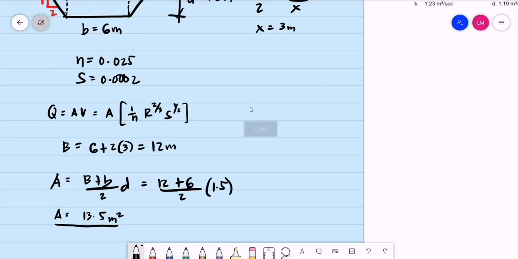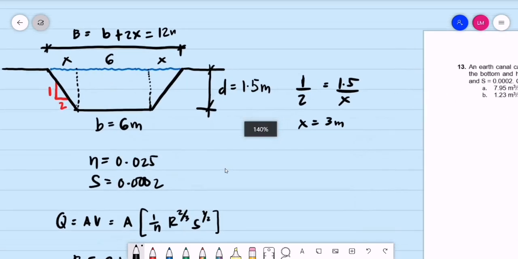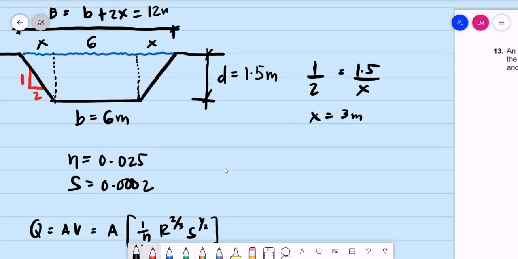So next thing to solve is the wetted perimeter. Again, our wetted perimeter is the lining of the channel, or the contact surface of water and the channel. So how do we compute for the wetted perimeter? Let's say this is W. We need the dimension of the sloping side of the trapezoidal channel. We can have it by the Pythagorean theorem, using this right triangle.